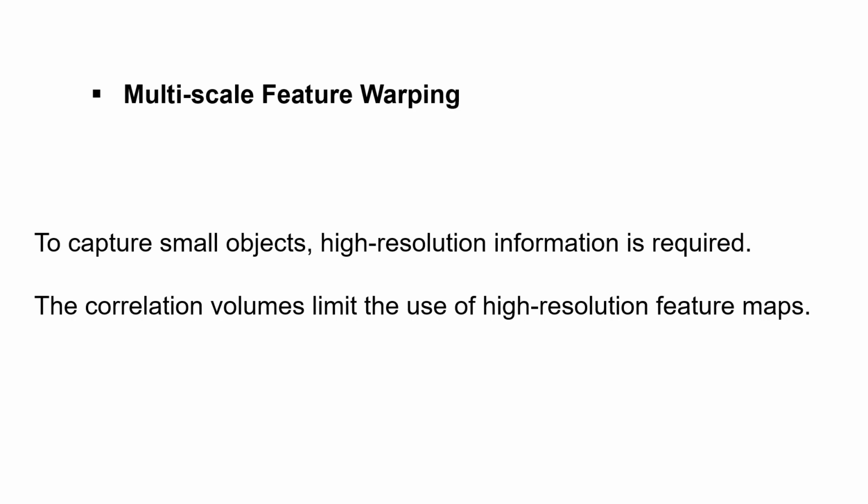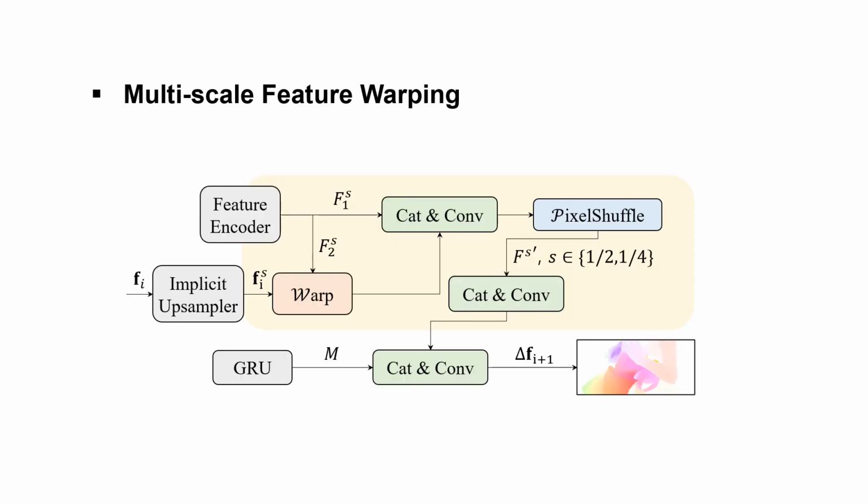The second method is the multi-scale feature warping. To capture small objects well, high-resolution information is required. However, the complexity of the correlation volumes limits the use of high-resolution feature maps. To address this issue, we design multi-scale feature warping to compute a partial cost volume and effectively utilize high-resolution feature maps.